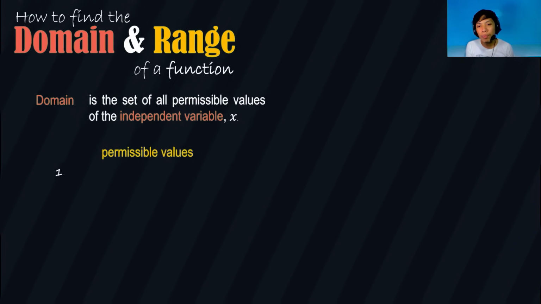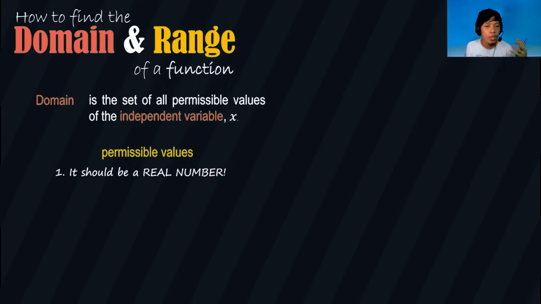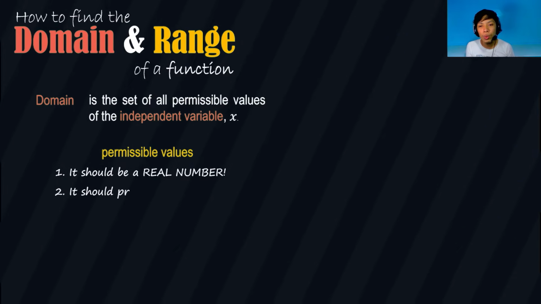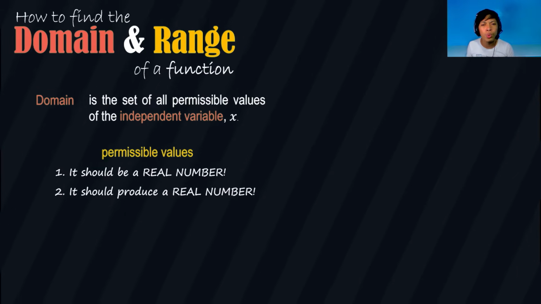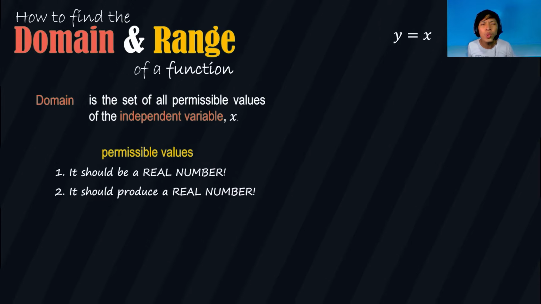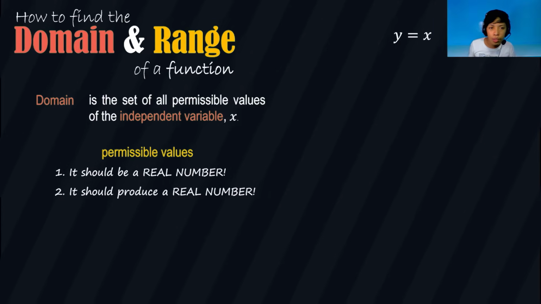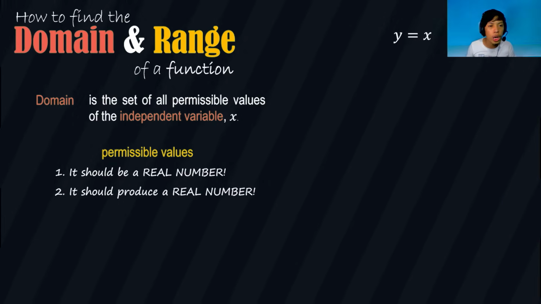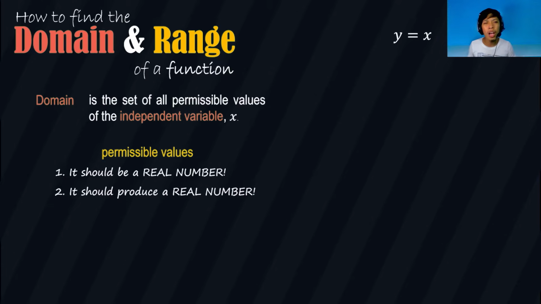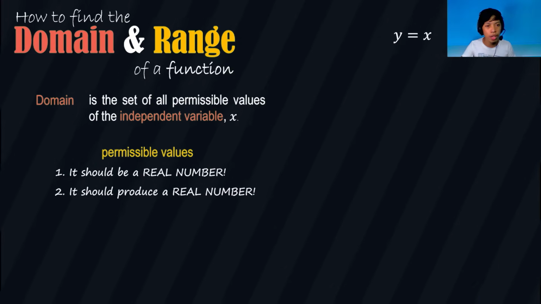Number one, it should be a real number. That number should be a real number. And number two, it should produce a real number. So what do I mean by that? Suppose we have this equation. This is a function because the exponent of y is only 1. So how do we determine the domain and range of this function?